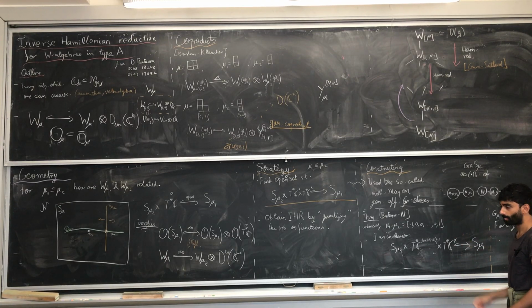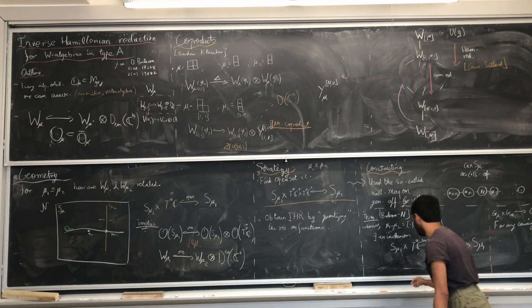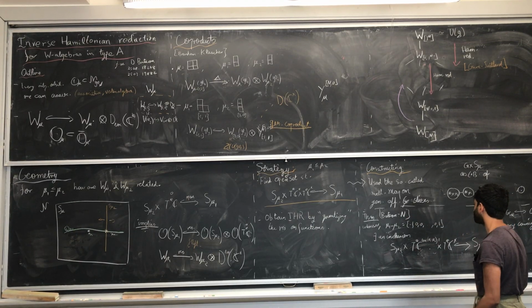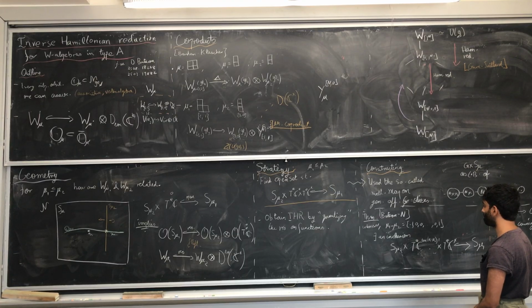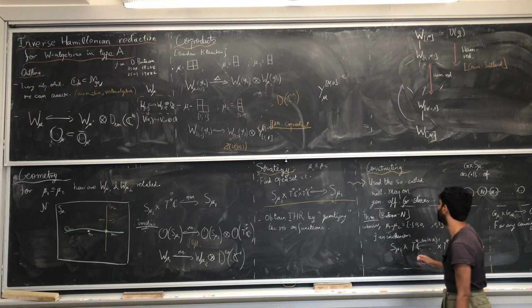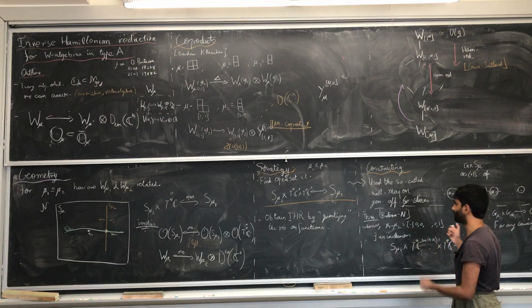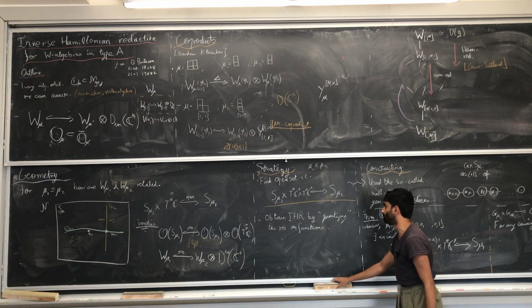What's the multiplication map? Right, it's a map that takes two quivers and just adds them.